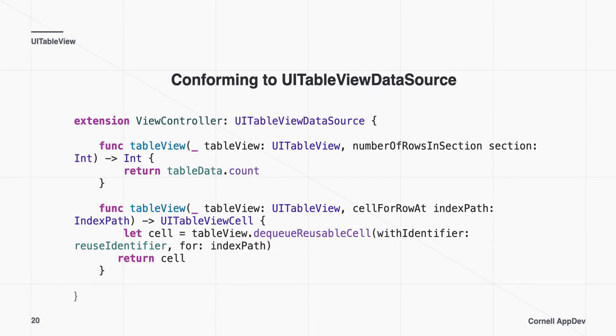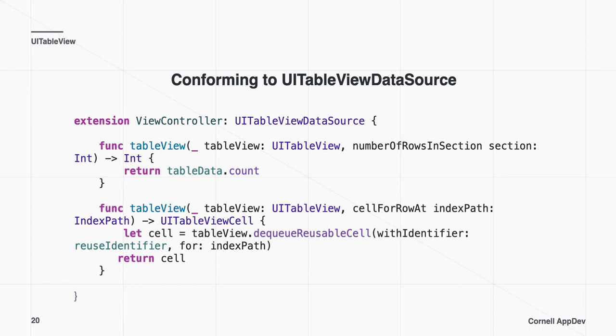So you have to extend the view controller to conform to UITableViewDataSource, and the first thing is numberOfRowsInSection. That's where you pass how many rows you want in your table view.